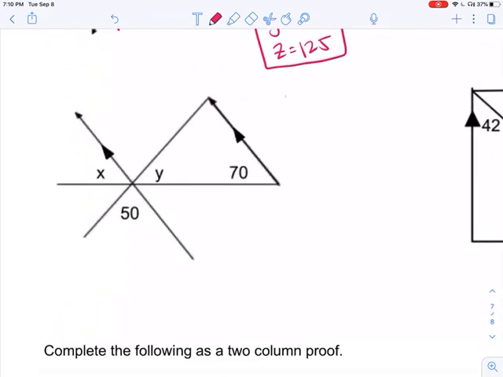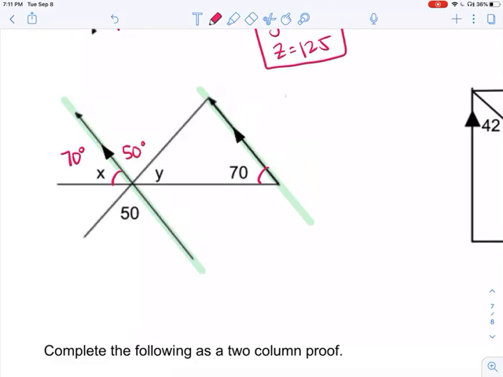All right, I have some more sets of parallel lines here. They're a little bit harder to see. I have those two there. I know that if lines are parallel, corresponding angles are congruent. So x would have a value of 70. I know that vertical angles are always congruent, so this would have a measure of 50.